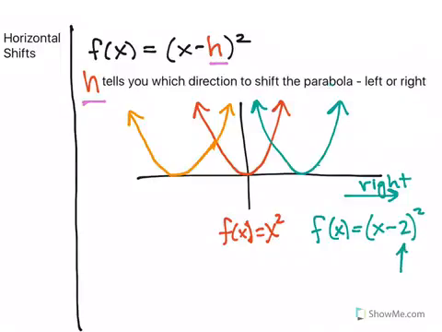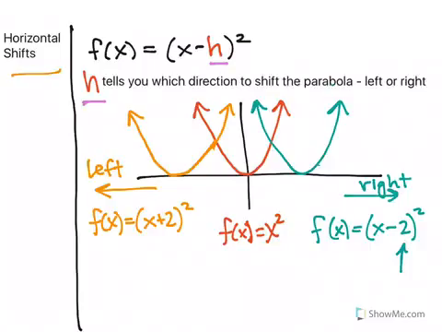So here's our h value of 2, and that moves the graph right. Then looking at our yellow graph, we would have f(x) equals (x plus 2) squared. That would move the graph left. So the h value determines left and right, or a horizontal shift, as shown here in the left-hand column.